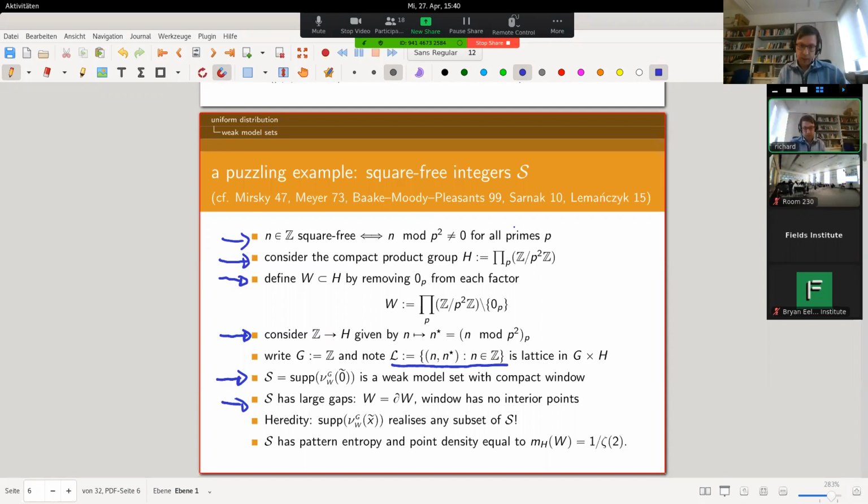And what's also interesting is, if you now look at all weak model sets which arise from this construction, then you can actually realize any subset of S by this construction.